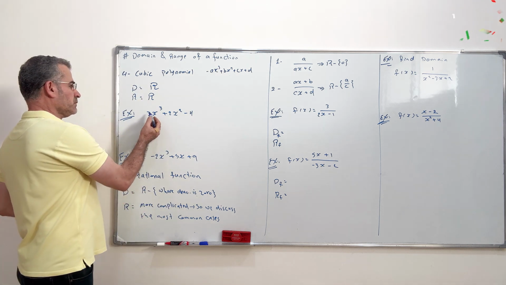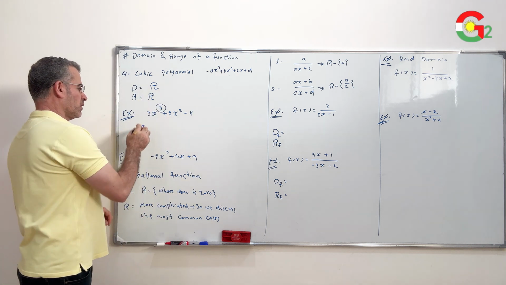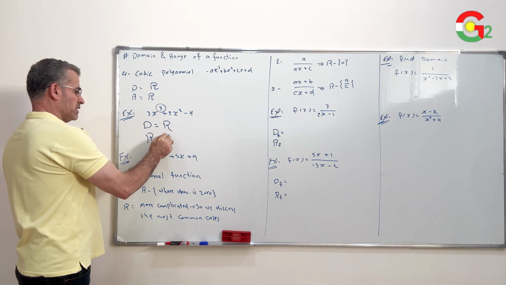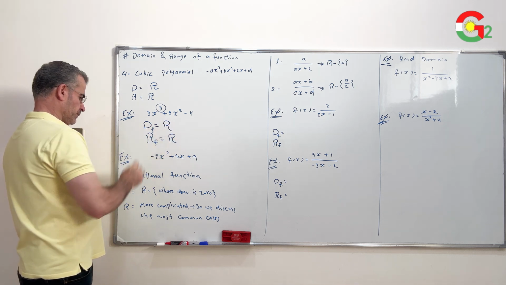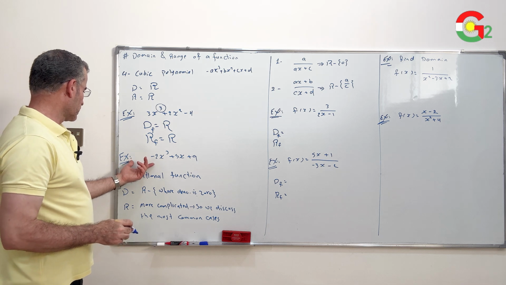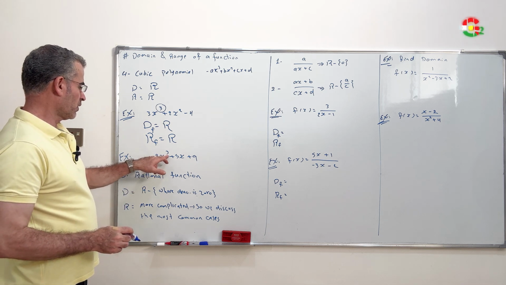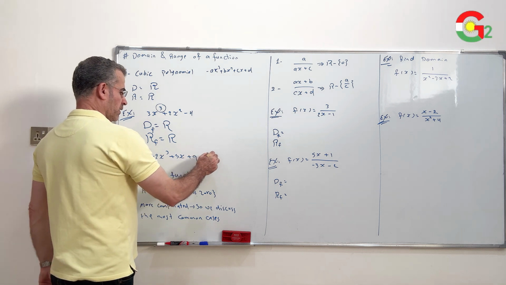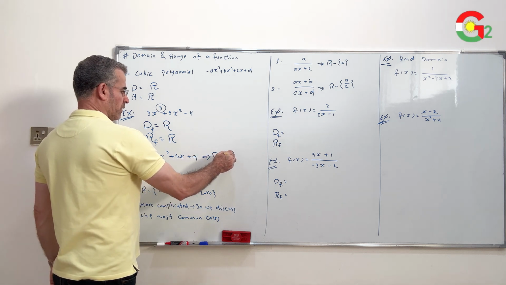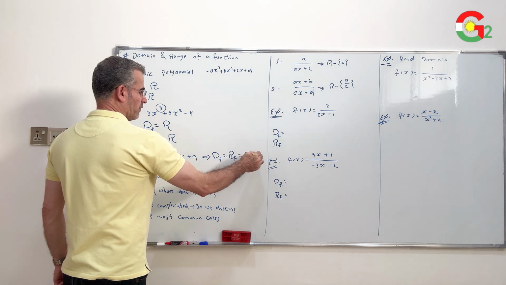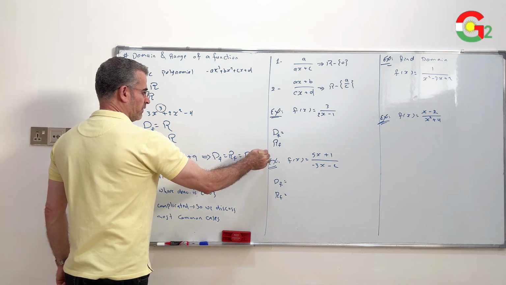Example: since it is a polynomial of degree 3, the domain is R and the range is R. Also for this function, since it is a polynomial of degree 3, the domain of f equals the range of f, equal to all real numbers from negative infinity to positive infinity.